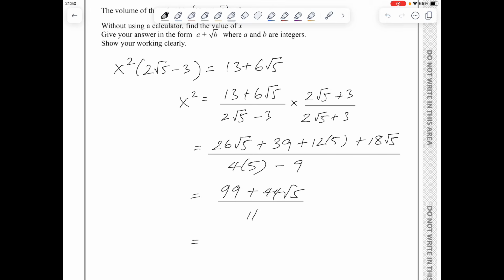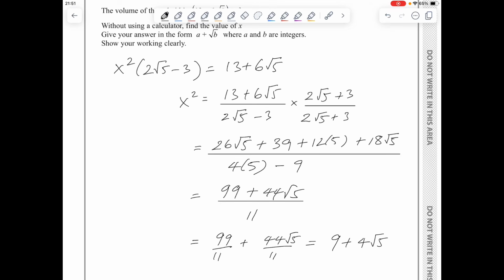Now I can split this into two fractions, 99 over 11 plus 44 square root of 5 over 11, which simplifies to 9 plus 4 square root of 5.